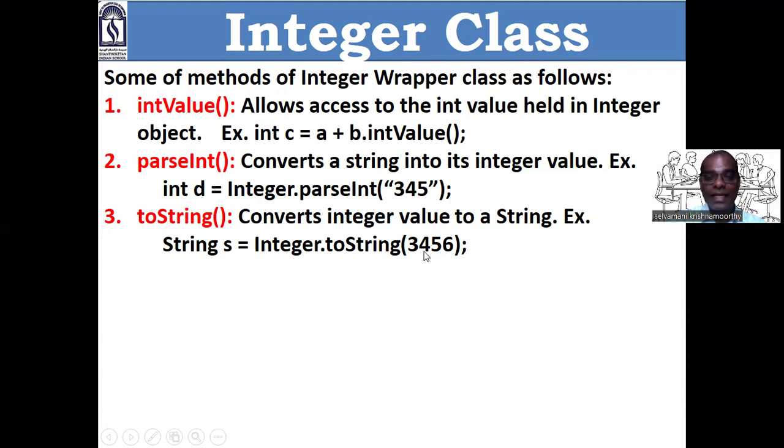It should be considered as 3456, one integer value. toString converts 3456 into the string "3456". That will be stored into a string variable. Yes. Is it clear? Good.